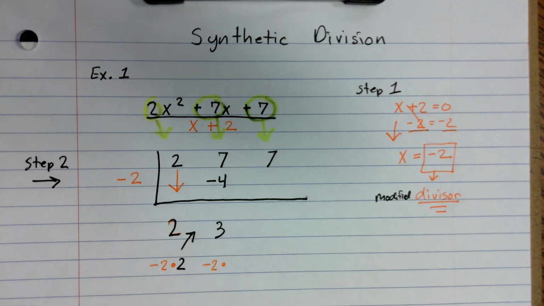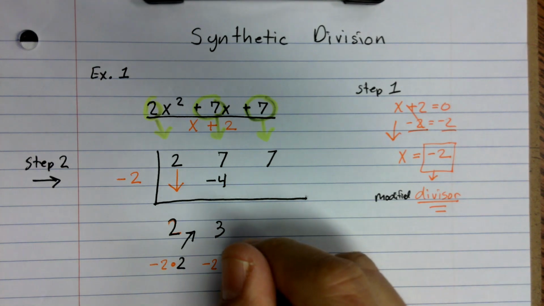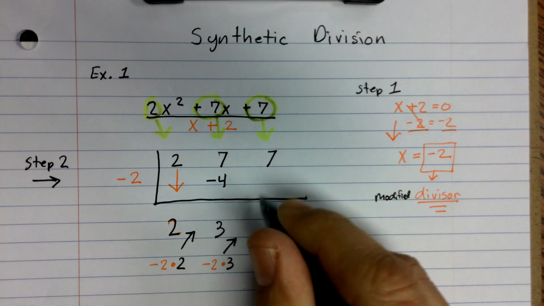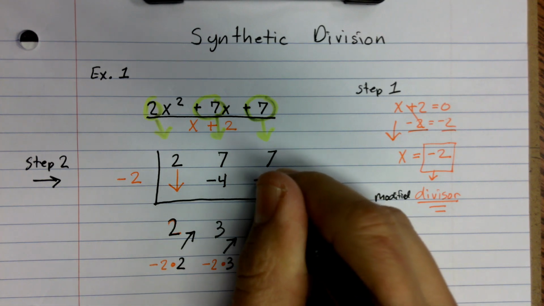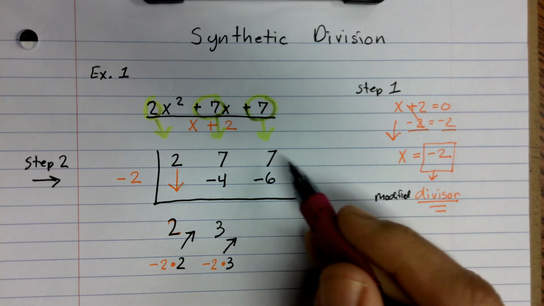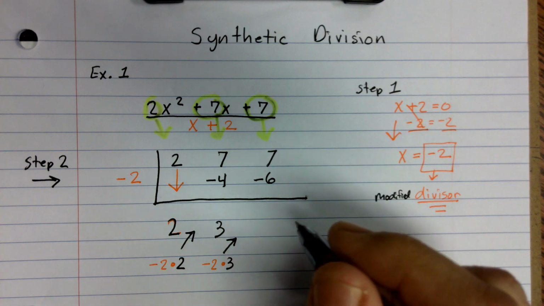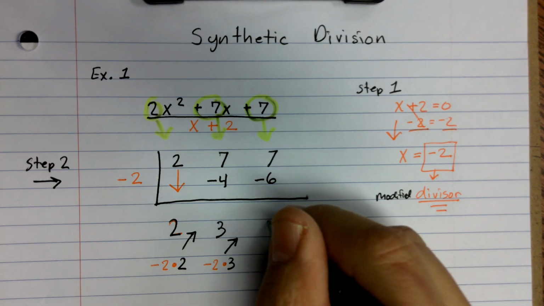So negative 2 times positive 3 gives me negative 6. I'm going to put negative 6 right underneath the 7. And then I'm going to do math top to bottom. 7 plus negative 6 leaves me with a positive 1.